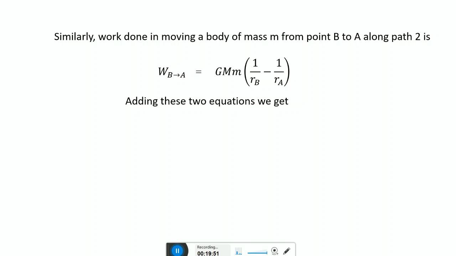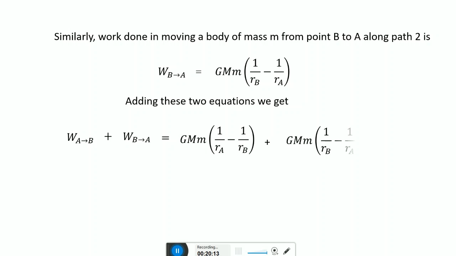Hence, adding these two equations, we get work done from A to B plus work done from B to A, means total work done, is equal to GMm into bracket 1 upon RA minus 1 upon RB plus GMm into bracket 1 upon RB minus 1 upon RA. So GMm is common, which is equal to GMm into bracket 1 upon RA minus 1 by RB plus 1 by RB minus 1 by RA.